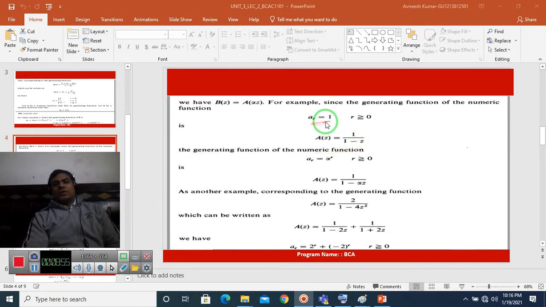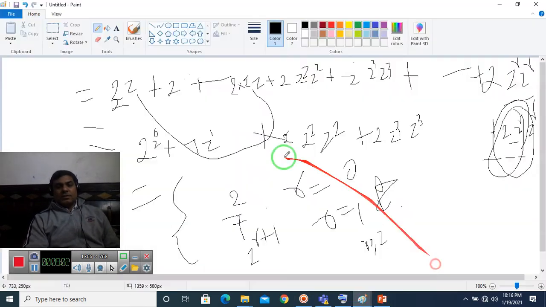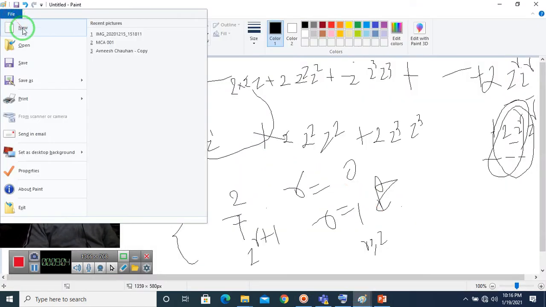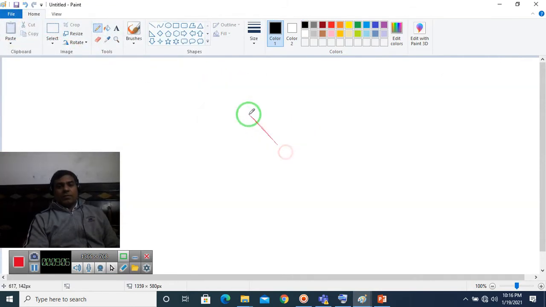If we have the numeric function a_r, how can we find the generating function? If we have the numeric function a_r equal to 1, this is a constant function.